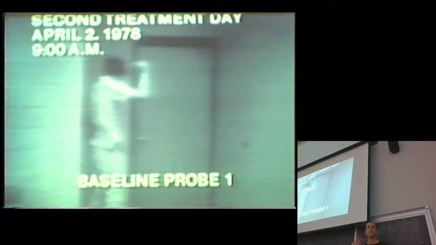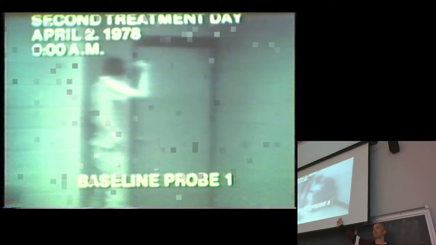They basically allowed Harry, once again, to self-abuse out of restraints with no consequences. So without having that 5-minute timeout period, they removed the treatment. And what they found was that Harry, during that return to baseline, went right back to his high, stable level of self-abuse.